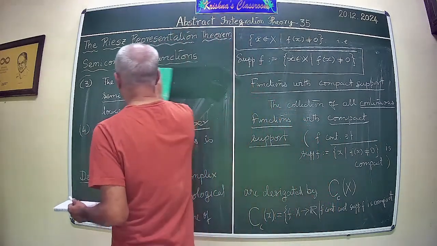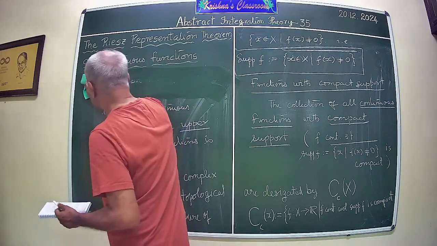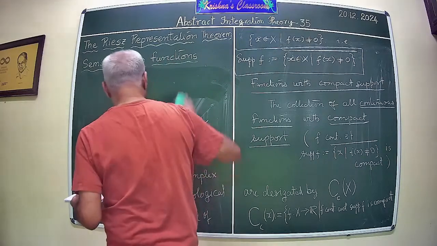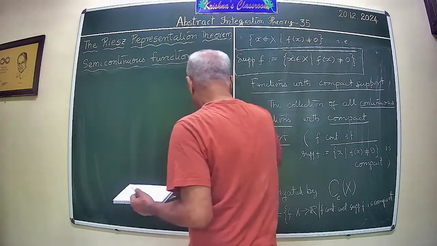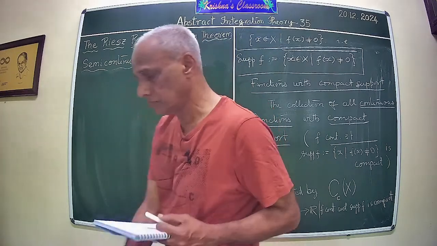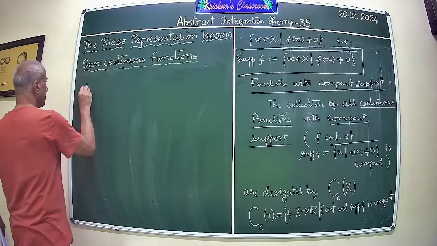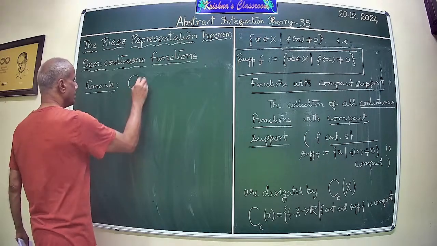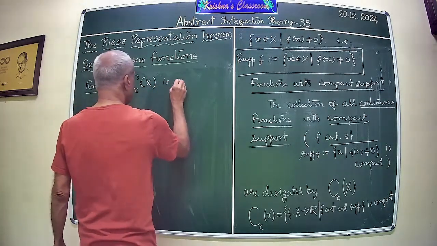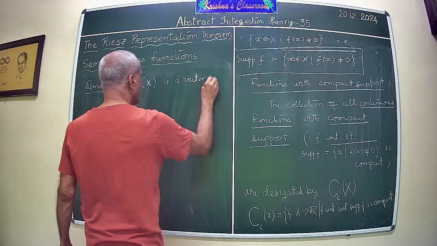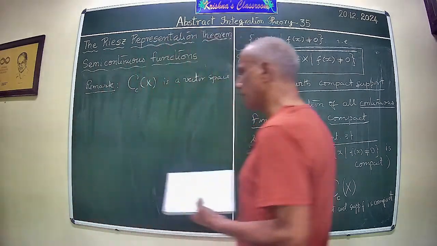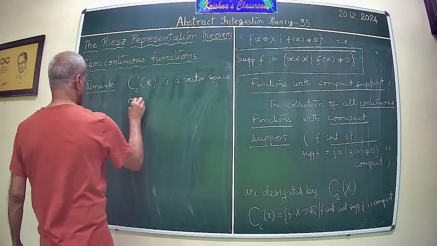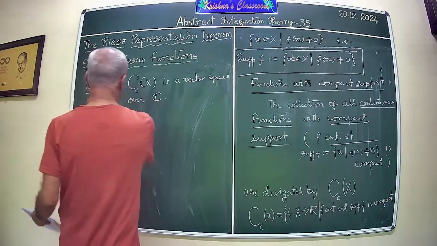Now, what are the properties of this collection of functions? They have some nice algebraic structural properties, like these functions form a vector space over C, because we are talking about complex valued functions. This C is different from this.